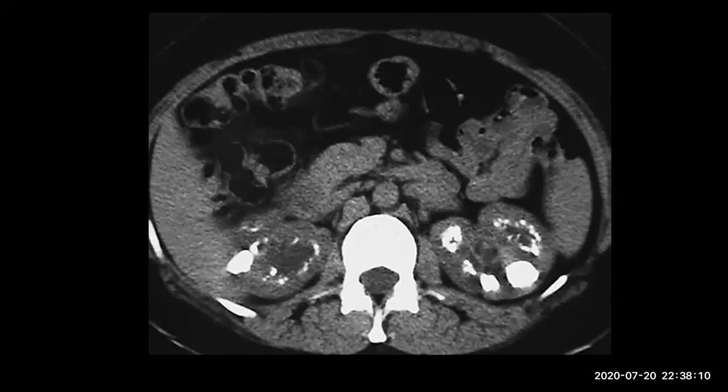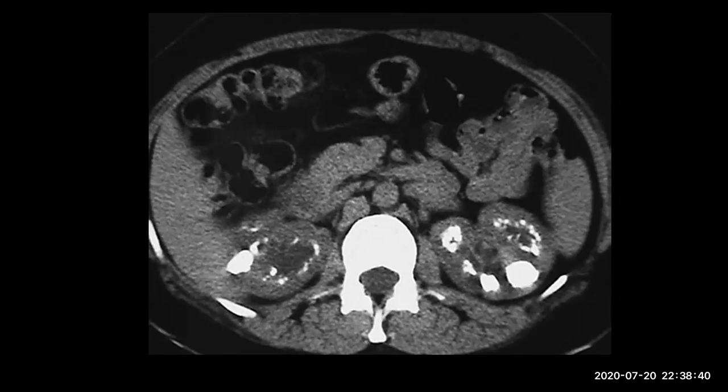What are the causes? Do you remember any cause of medullary nephrocalcinosis? Hyperparathyroidism. Medullary sponge kidney. Papillary necrosis. Renal tubular acidosis.